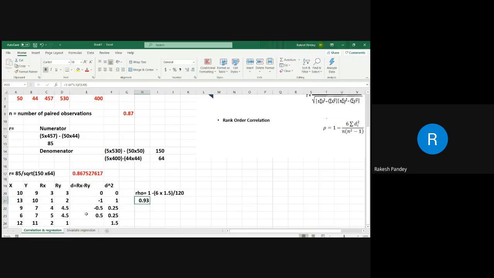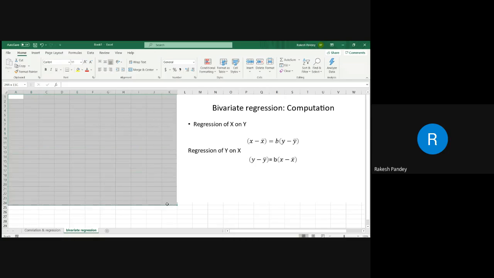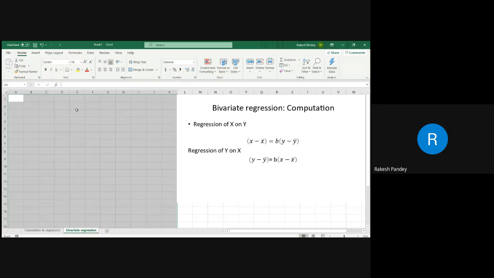Based on this, if we are interested in predicting the value of X or Y, I will share the PPT first and then I will come here.